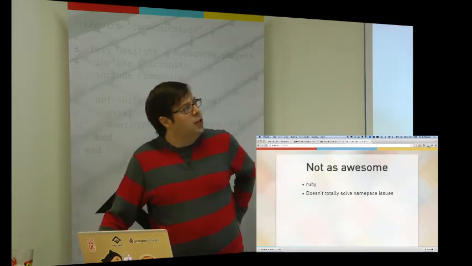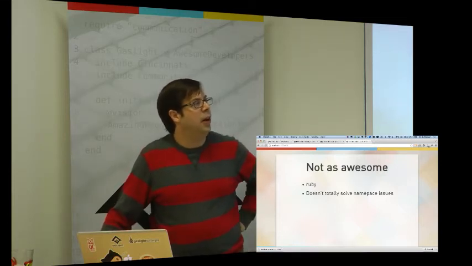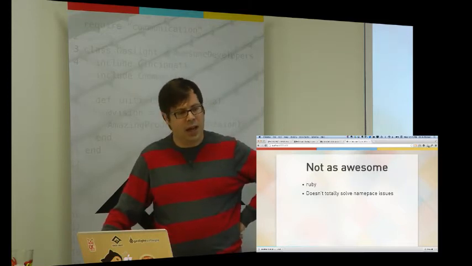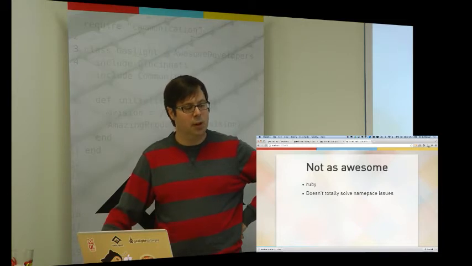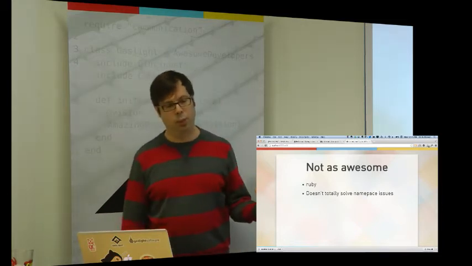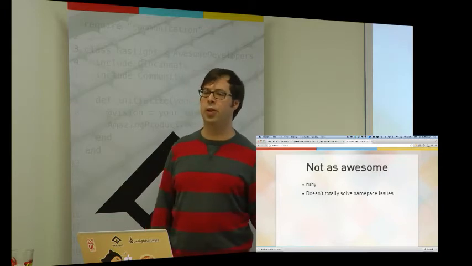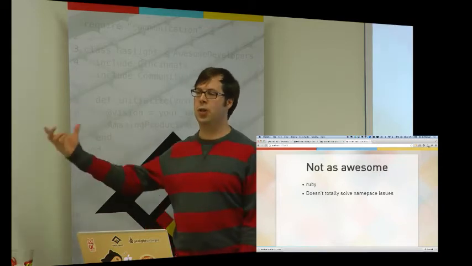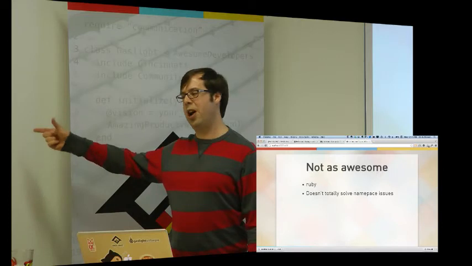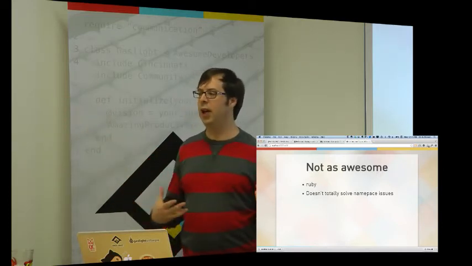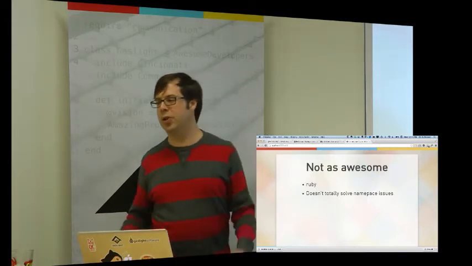It also doesn't try to solve namespace issues. For example, if I want to bring in Backbone, it's still going to be window.Backbone, and if somebody else tries to define a window.Backbone somewhere else, it's still going to step on that code. It doesn't do anything to address that issue.